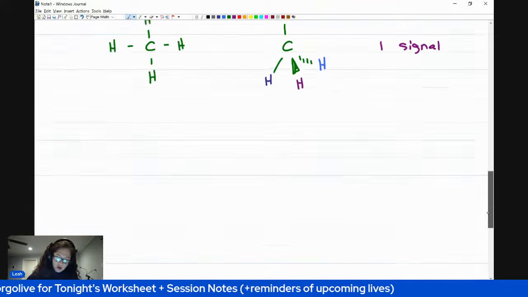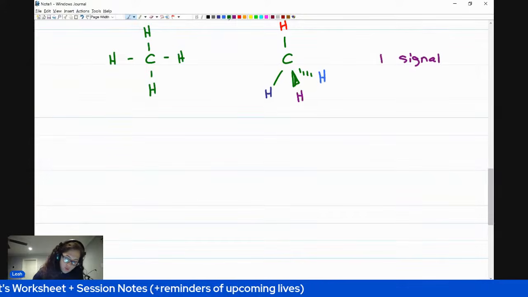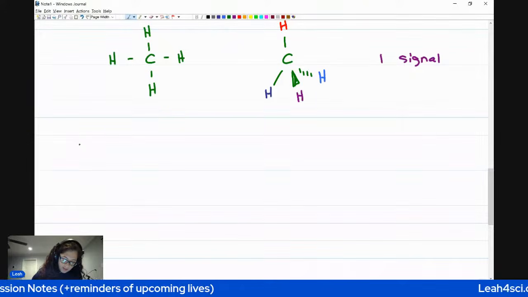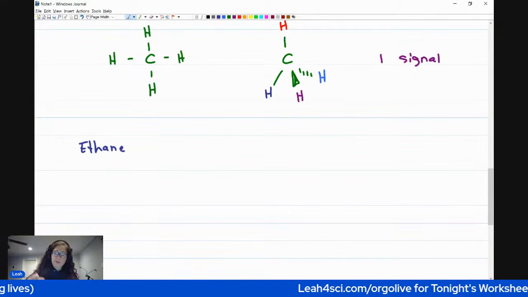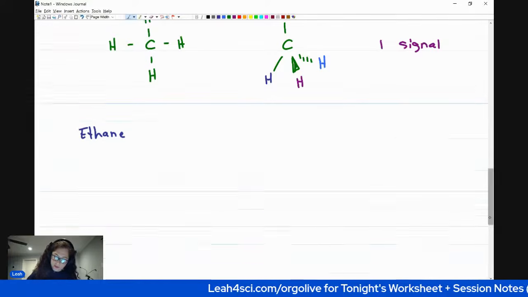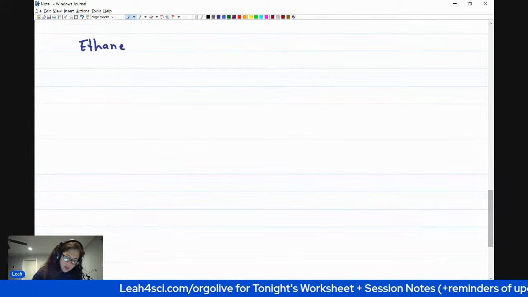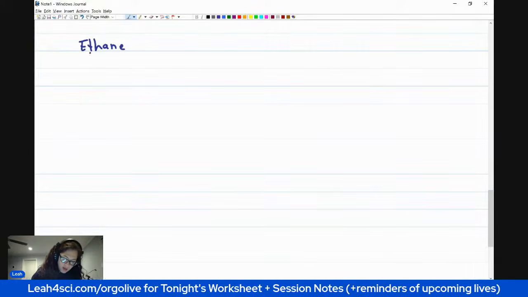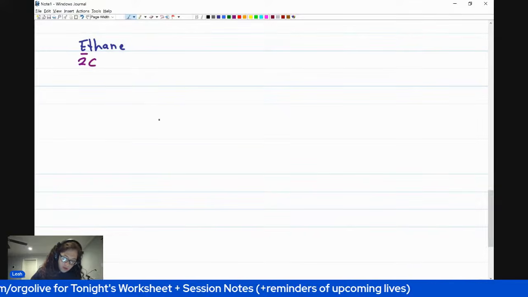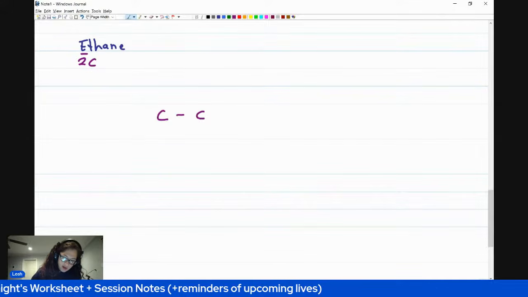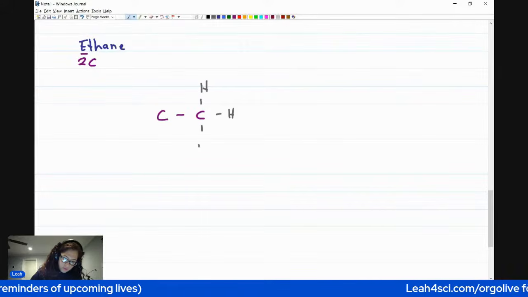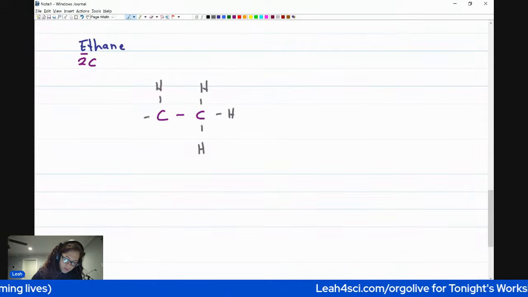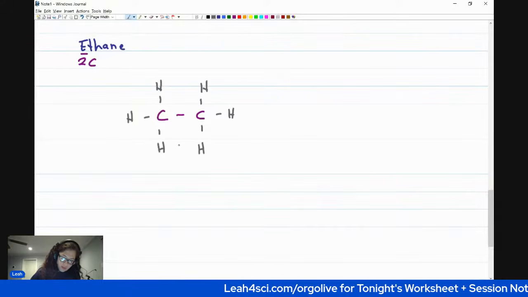What if I crank it up a bit and do a molecule like this? Ethane. How many hydrogen types would you expect on a molecule like ethane? Well, let's see what we have. Ethane has 2 carbons. So if I draw them out, I have this. And how many hydrogens? 1, 2, 3, 1, 2, 3.